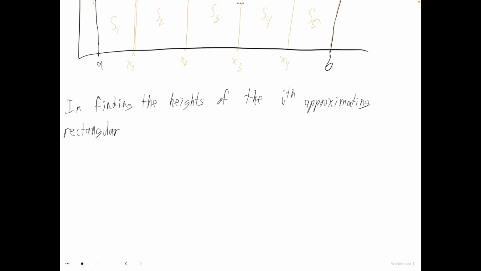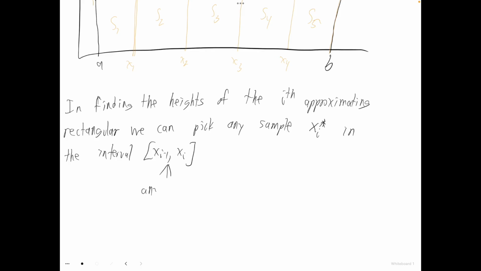Okay, and so the ith just means we're picking one of the rectangles, and for finding its height for the ith approximating rectangle, we can pick any sample point x sub i star in the interval x sub i minus 1 to x sub i. And so this is the ith interval, and so you're picking any value in the ith interval to get the height.